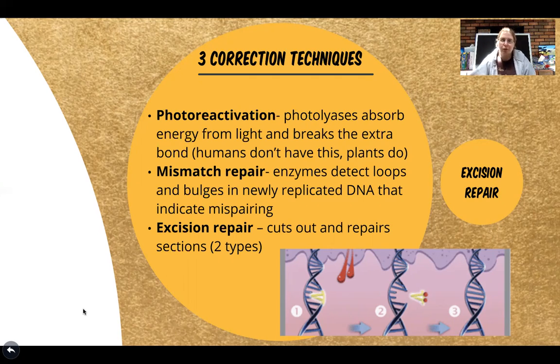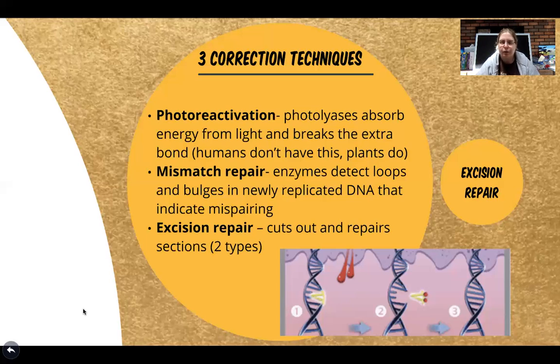So mismatch repair. There are certain enzymes that will actually kind of go through the DNA. It's going to look for places where the sugar phosphate bulges out, or loops, or is kinked.